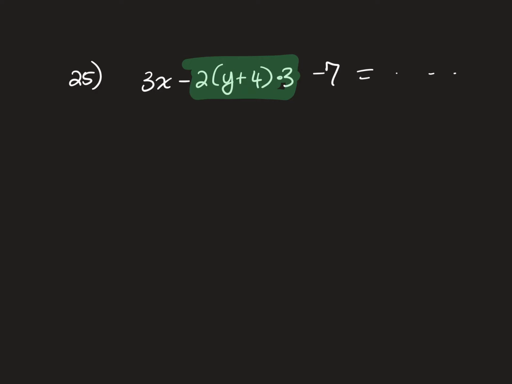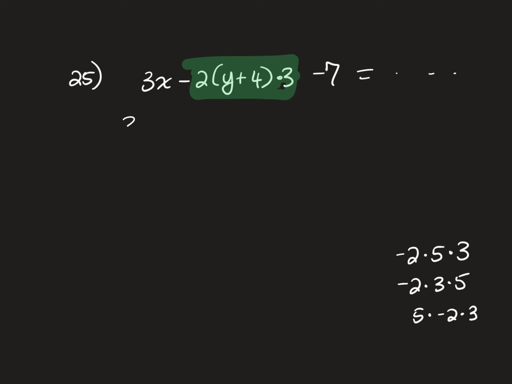Well, here's the thing. We know that multiplication can be done in any order. And what that means is if I had negative 2 times 5 times 3, I can write it as negative 2 times 5 times 3, or I can write it as negative 2 times 3 times 5, or 5 times negative 2 times 3. I can rearrange those terms, and that product will be the same no matter how I rearrange them.